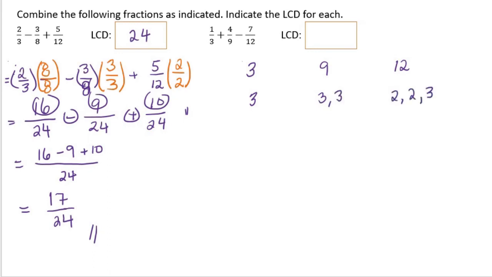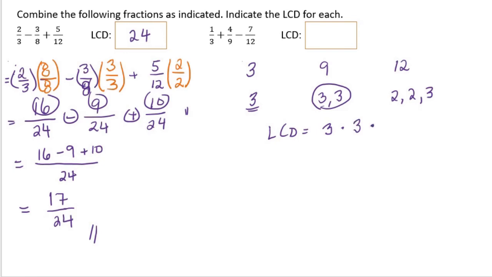So we discovered the prime factors in the last problem. Therefore, what has to be in my LCD? Well, to be divisible by 3, I need a 3 in my LCD. To be divisible by 9, I actually need 2 3s at the same time. I already have 1 in the LCD, but I will have to multiply that by a second.